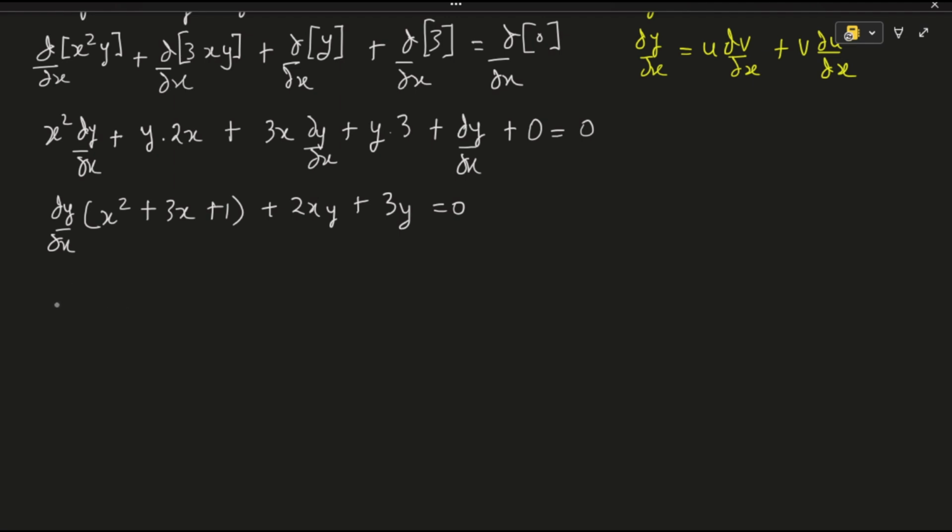And if we are to simplify, dy dx is equal to negative this, which can be rewritten as this.